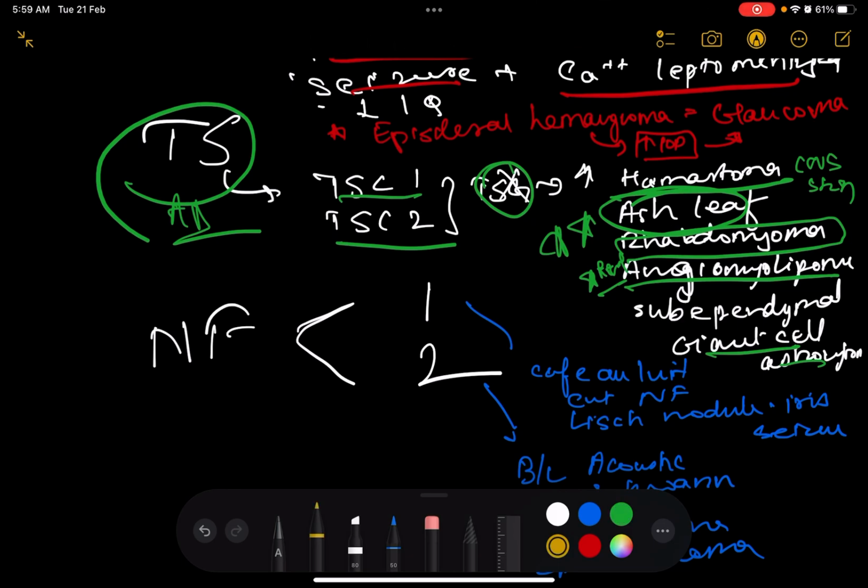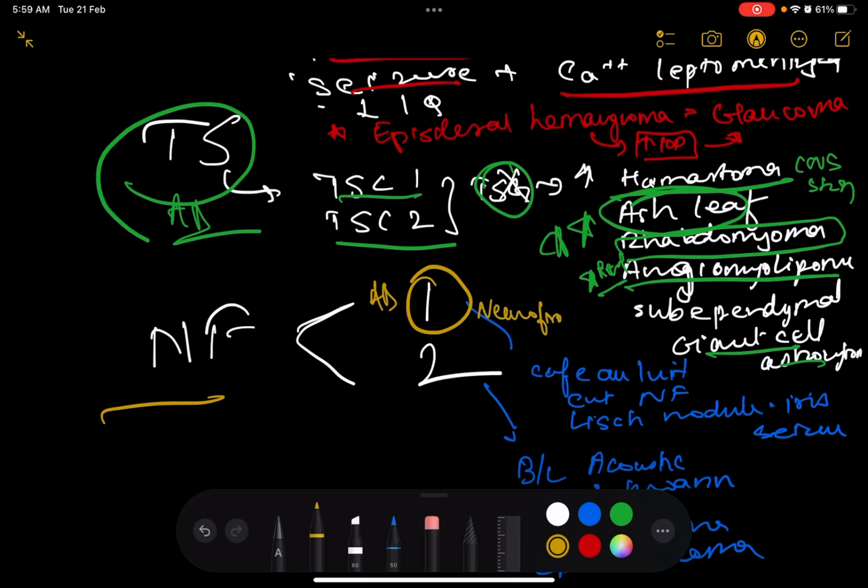Next, let's come to NF, neurofibromatosis. Neurofibromatosis type 1 is very, very important. It's autosomal dominant and is associated with the neurofibromin gene.